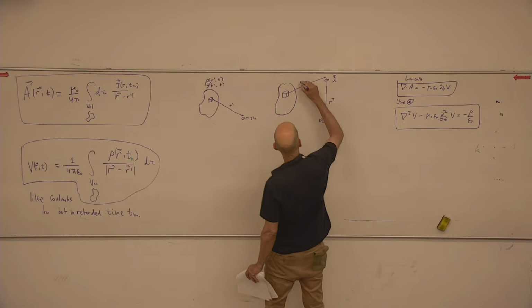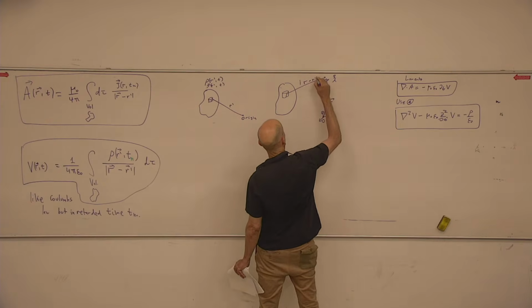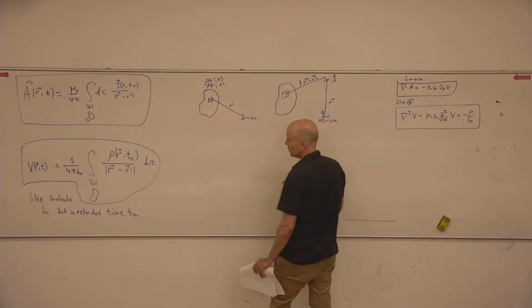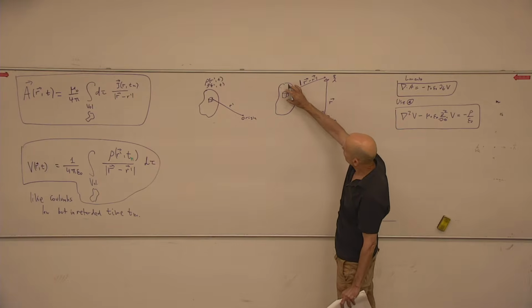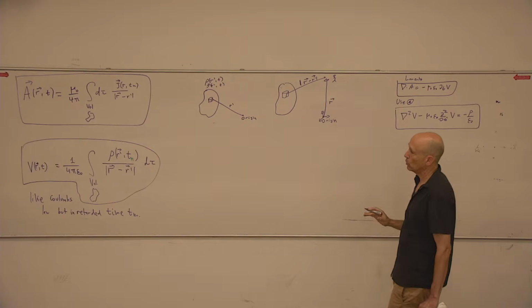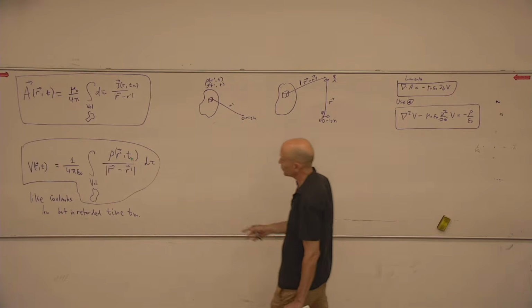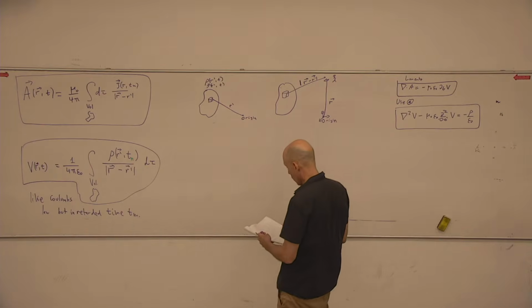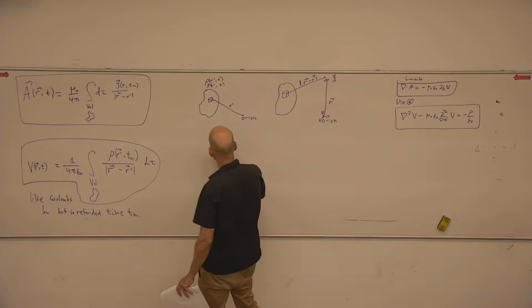So what is this distance? R minus R prime. And I'm going to just write the absolute value here. So this vector from this element depends both on R and R prime, and it's trivial, and it was like that all along the course, and it also appears, for example, here. You see this in this equation. So what is this retarded time?